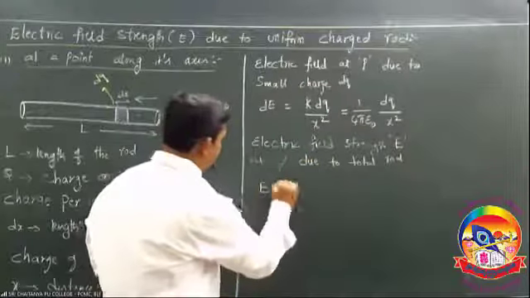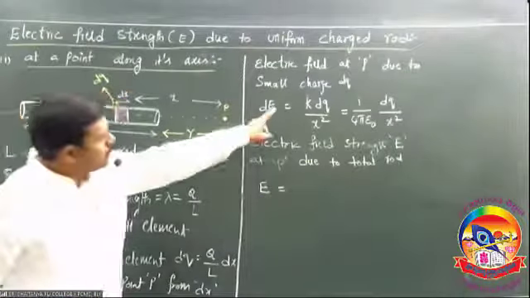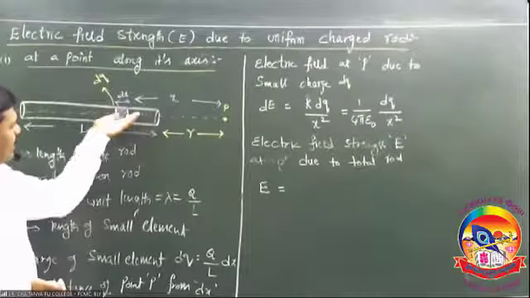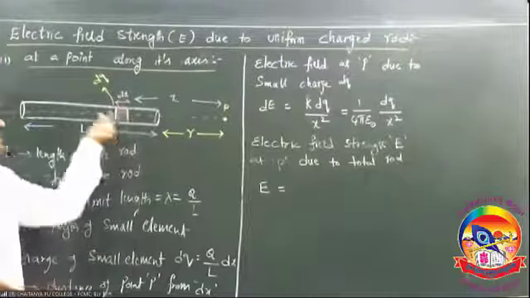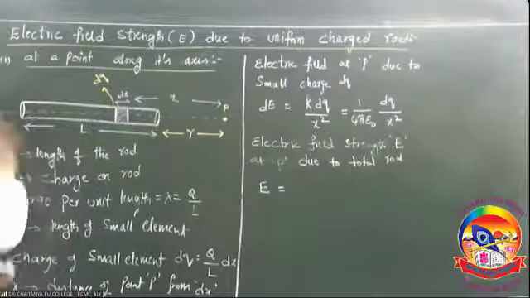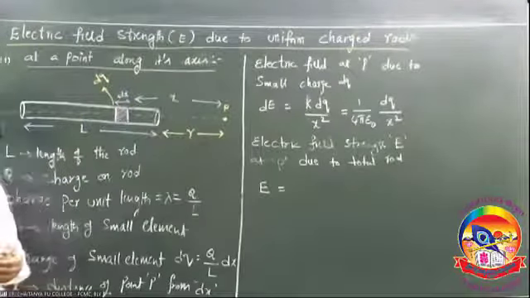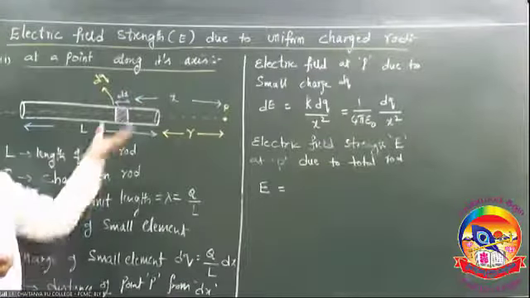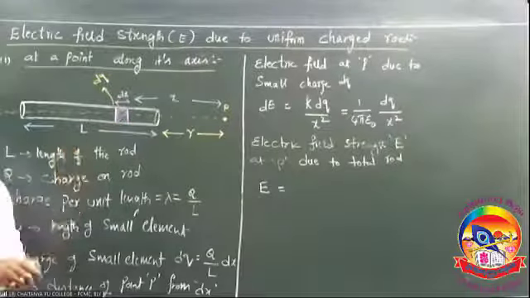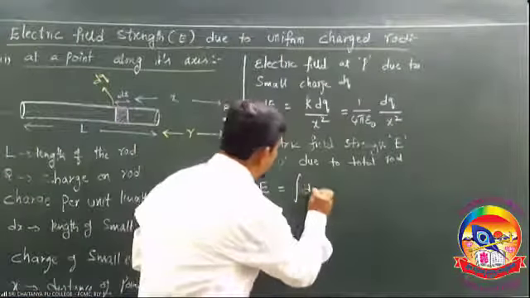What to do now? Due to this small element, we know this is intensity. Due to the total, we know this rod is a combination of such small elements extended from this end to this end. Each element has some intensity there. If you want to get total intensity, just sum up. Summing up means integration. Then integral of dE.